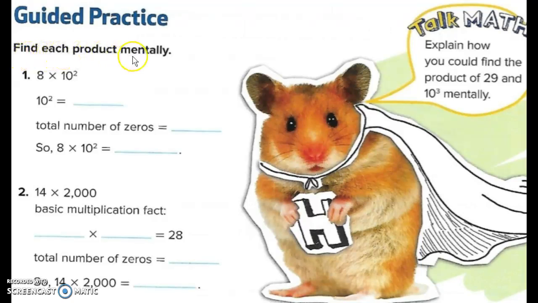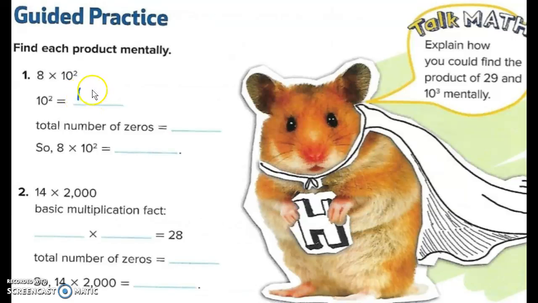Find each product mentally. 8 times 10 to the power of 2. 10 to the power of 2 equals what? There are 2 tens, so you have to say 10 times 10. How many zeros do you have in 10 times 10?